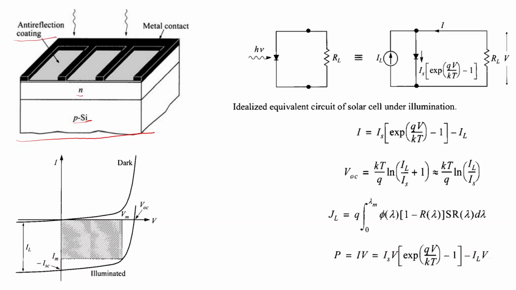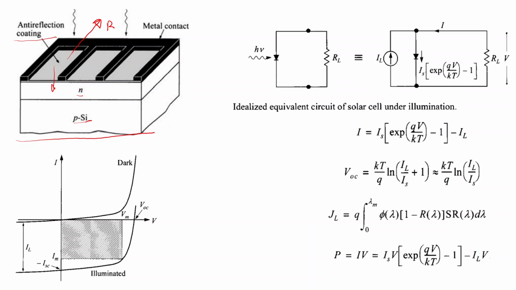So why do we need an anti-reflecting coating? So that we can absorb more. Obviously, we don't want to have reflection. We want all light to penetrate into our p-n junction and generate charge carriers.